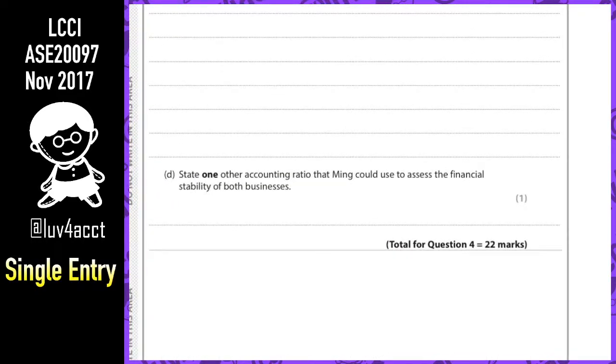And then later we still have part D, state one other accounting ratio that Main could use to assess the financial stability of both businesses. I would say, of course, we have other ratios like ROCE, but for this one, how about the trade receivables collection period and also the trade payables settlement period?